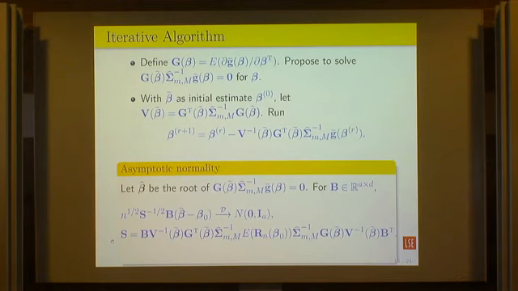So here are some theoretical aspects. This iterative algorithm is the same as the QIF. In QIF, you just replace this by the usual sample covariance, the Rn inverse. Here in my algorithm, I just replace this by my nonlinear shrinkage estimator. Otherwise everything is the same.